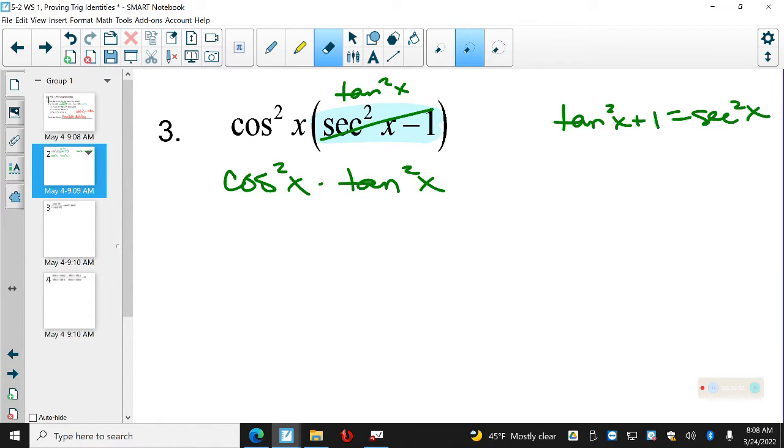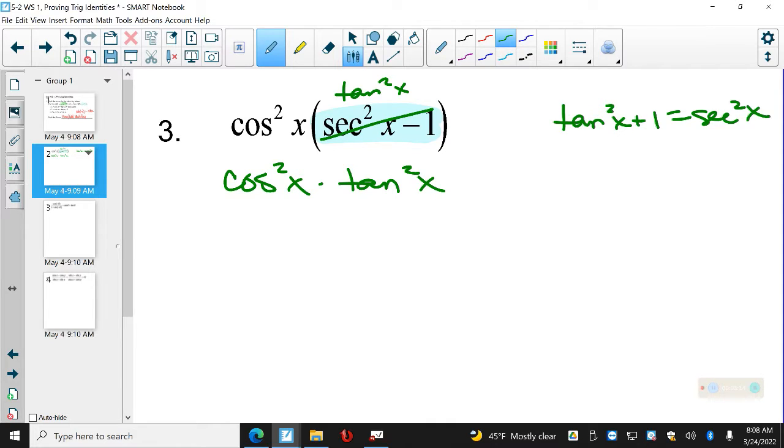Then, the next thing that your brain should be thinking is, I have two different trig functions here, yes? So since I have two different trig functions, what should I do? Get rid of one. Well, how do I get rid of one? What is tangent squared?